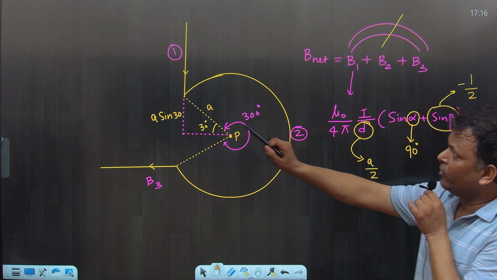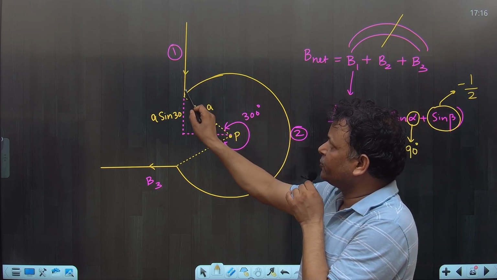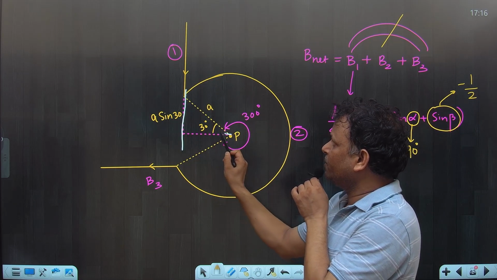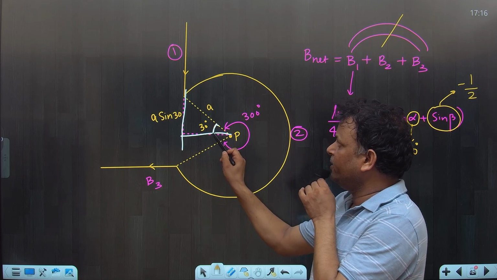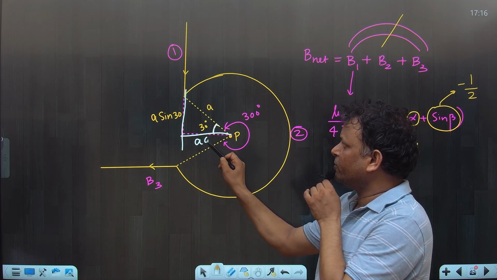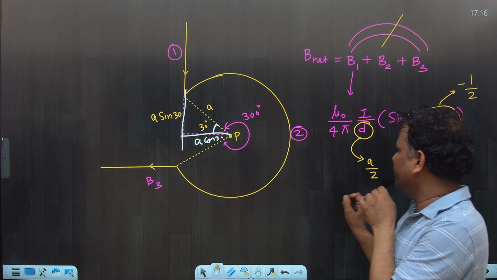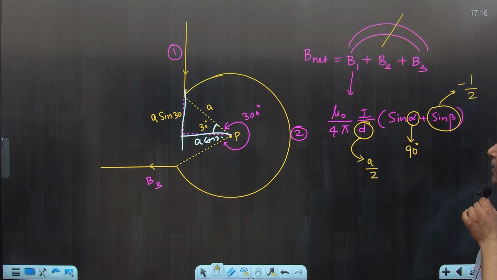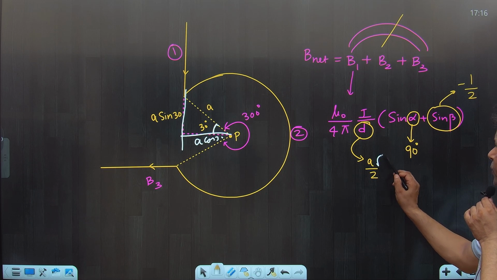To calculate B1, you just extrapolate the conductor and draw the perpendicular. This angle is 30 degree. Length of perpendicular is A cos 30, right? So the length of perpendicular will be A root 3 by 2.